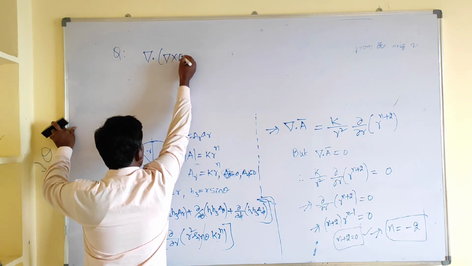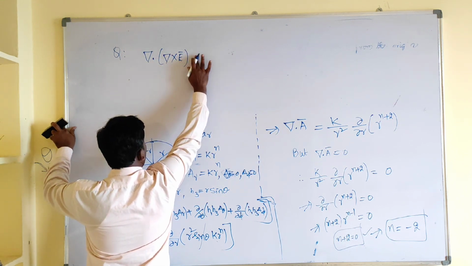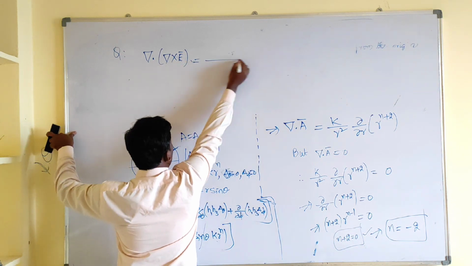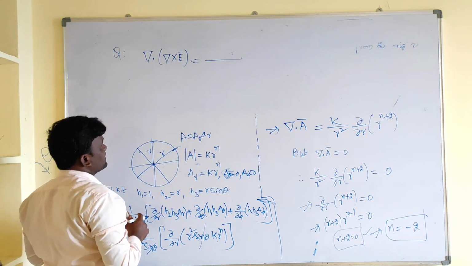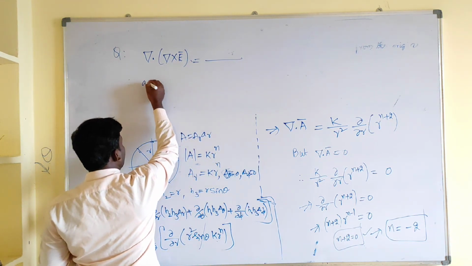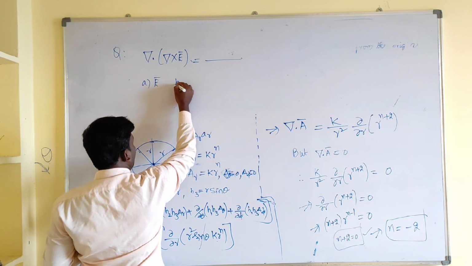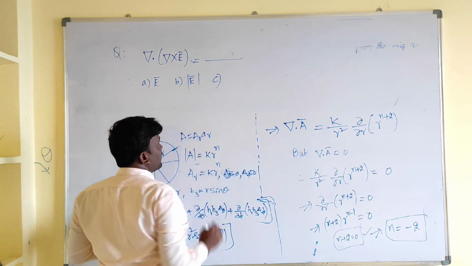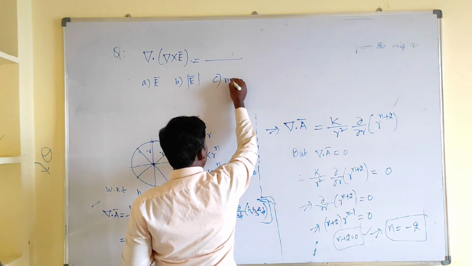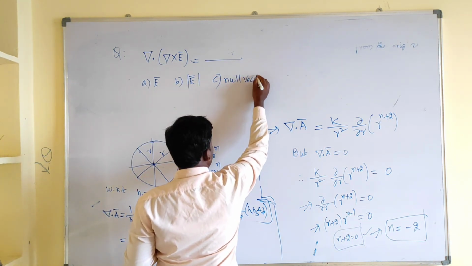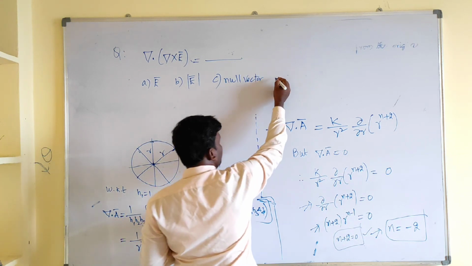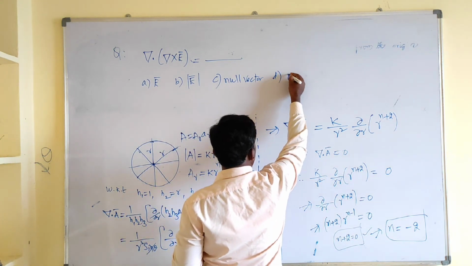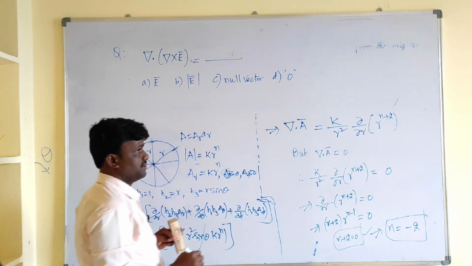Del dot del cross E is dash, not 0. Option A, E bar. Option B, mod E bar. Option C, null vector. And option D, 0.